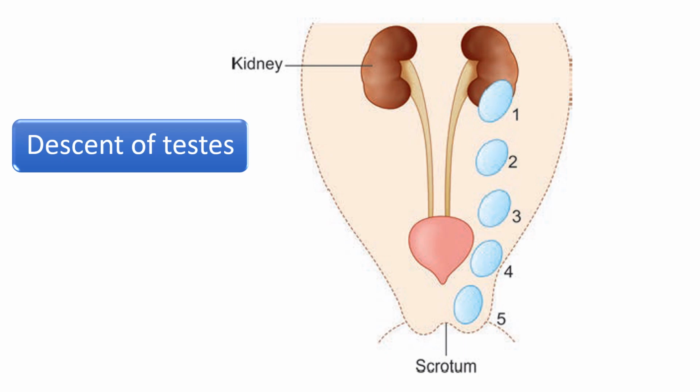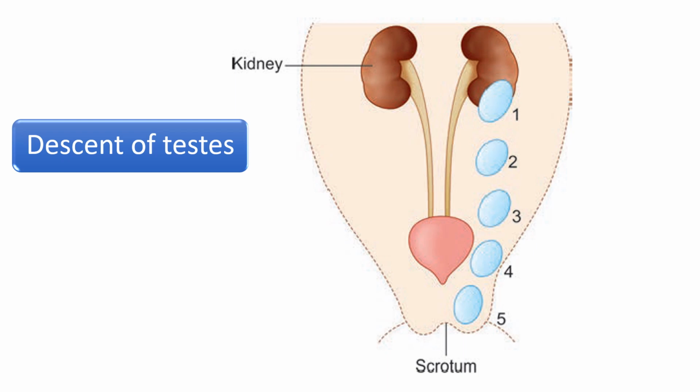Roughly they reach the iliac fossa during the 3rd month, and they lie at the site of the deep inguinal ring up to the beginning of the 7th month of intrauterine life. They pass through the inguinal canal during the 7th month, and they will lie at the superficial ring during the 8th month, and they are normally in the scrotum by the end of the 9th month.